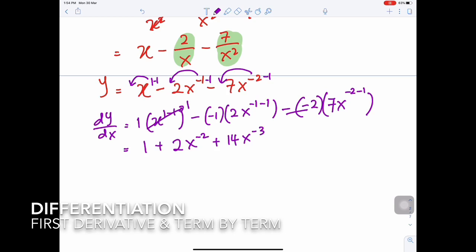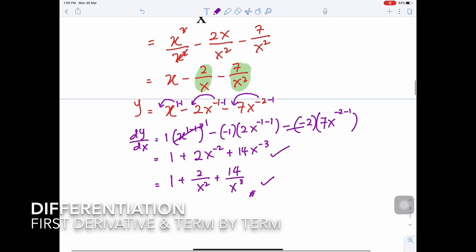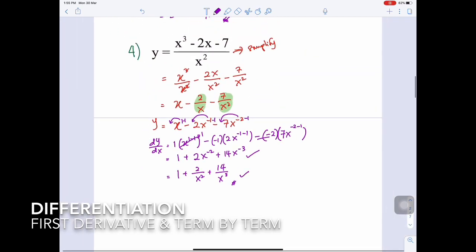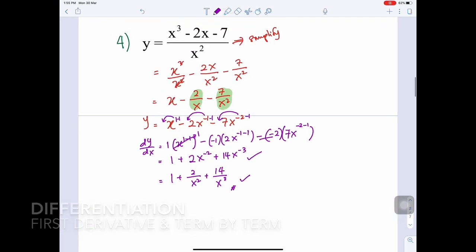So you can leave the answer like this or rearrange back: 1 plus 2 over x squared plus 14 over x power of 3. Either one is correct. So these are a few examples of differentiating simple equations and term by term. That's all for now. Thank you.